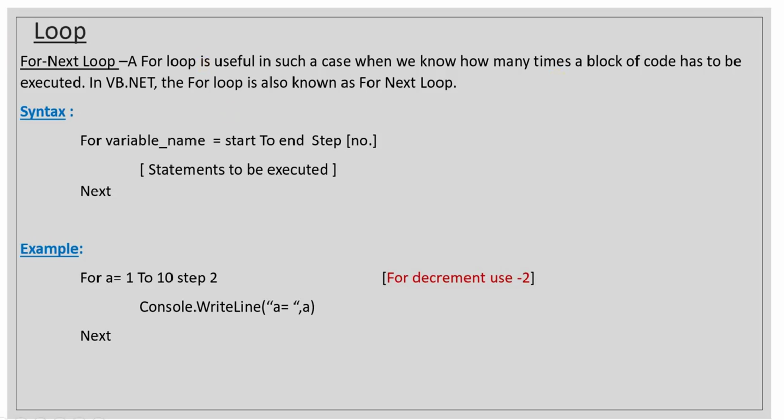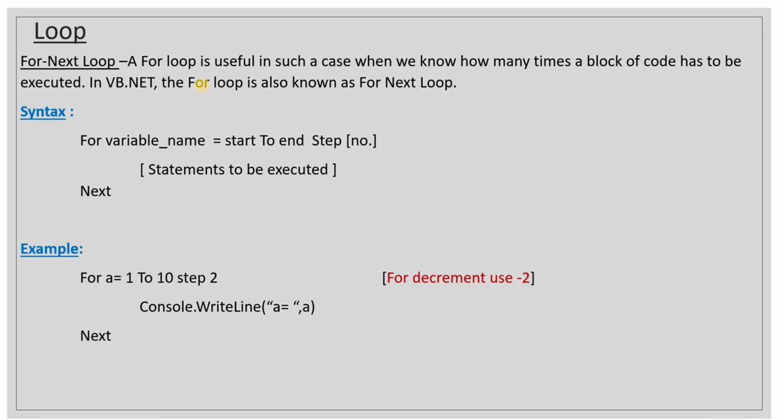Now the syntax is for, then variable name equals start to end. Start to end is the starting point and the ending point. And the step. Step is also a keyword.